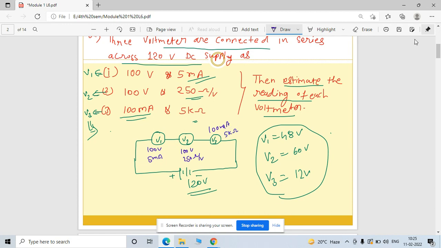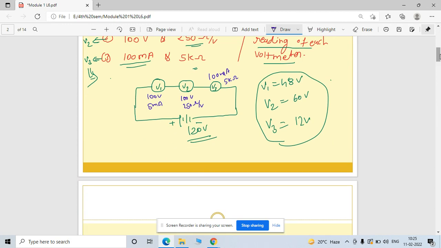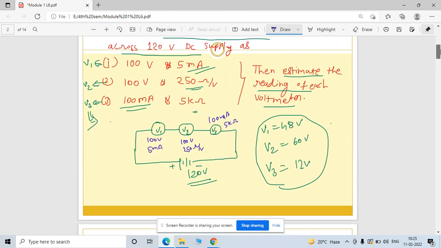Now one point to note here: these all meters are connected in series. So you need to find out the full scale deflection current. By finding the full scale deflection current, you decide how much current will flow through the circuit, so that your meter will not be damaged, right?